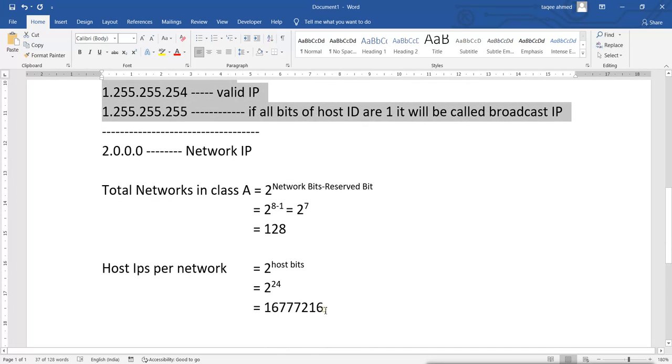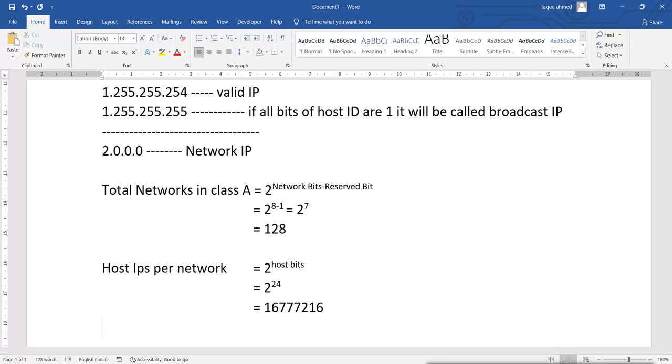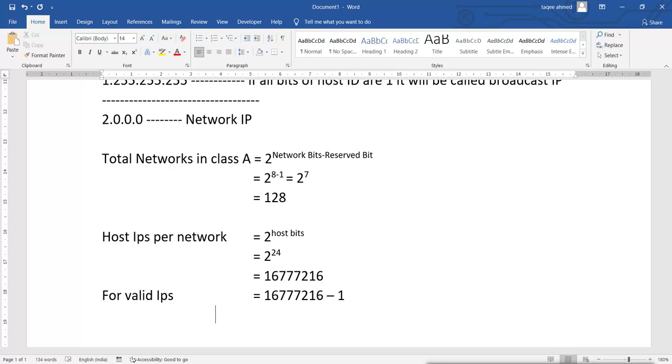So if you want to see how many valid IPs we have, from the total IPs you have to deduct 2, and what you will get is this.